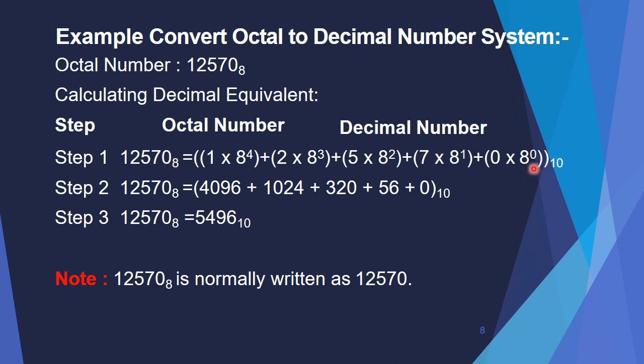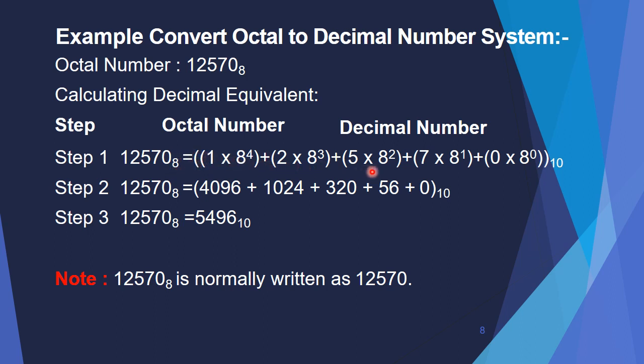And now start keeping the power. You will start from the right side, start from 0, 0, 1, 2, 3, 4. And if there are more digits, it can go up to 5 and 6 also.